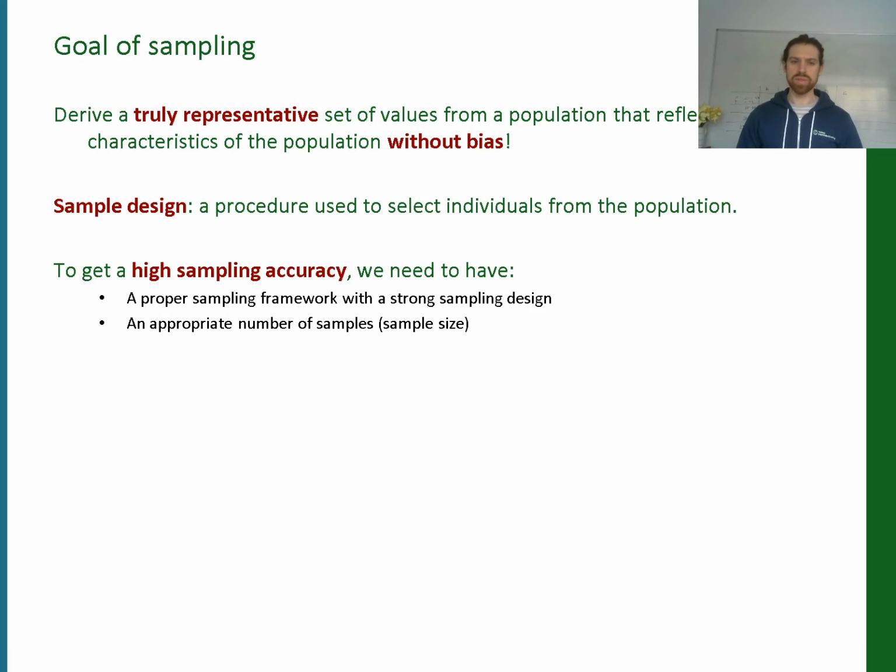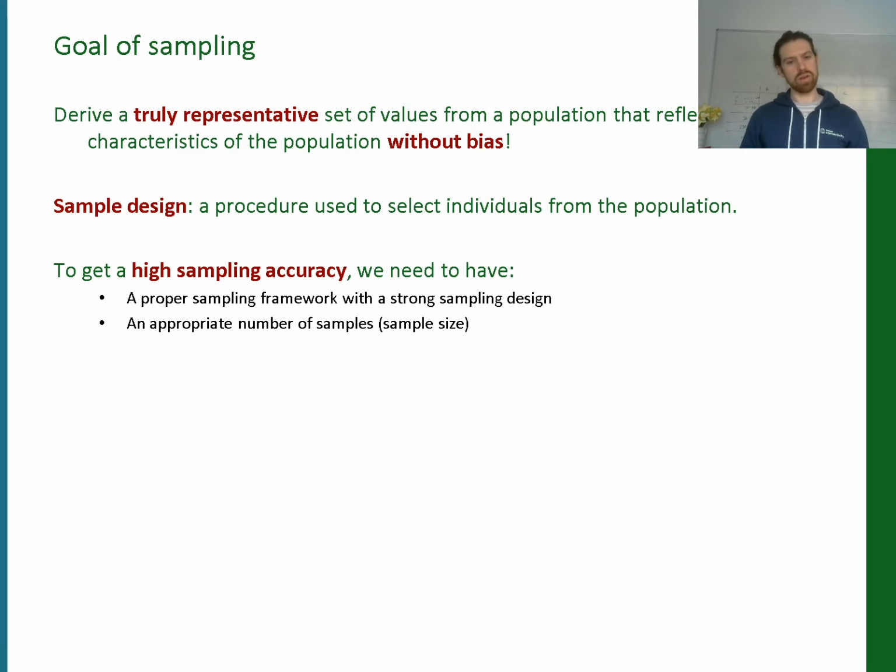So sample design. This is the process essentially where we actually decide who we're going to select. The procedure used to select individuals, I would rather say. So in the sample design, we might decide the method for how we select those individuals in this process, and I'm going to give you a few examples as to how different some of those methods can be in the next few slides.